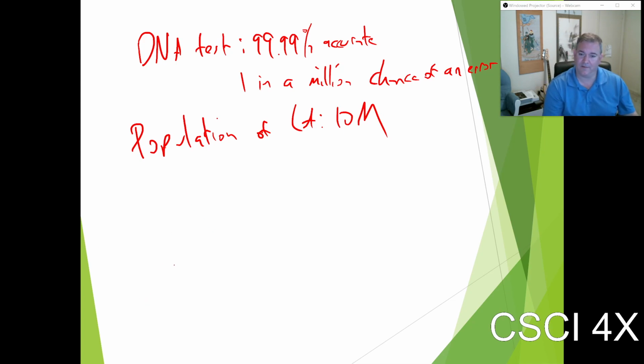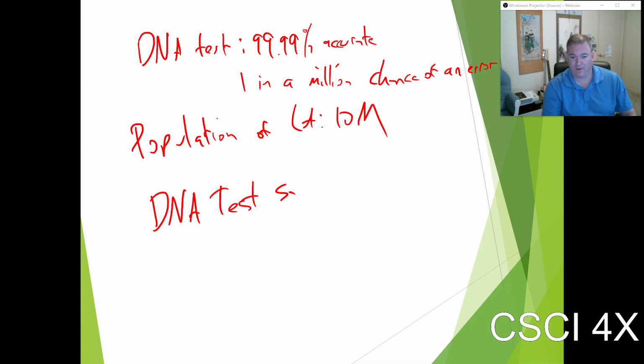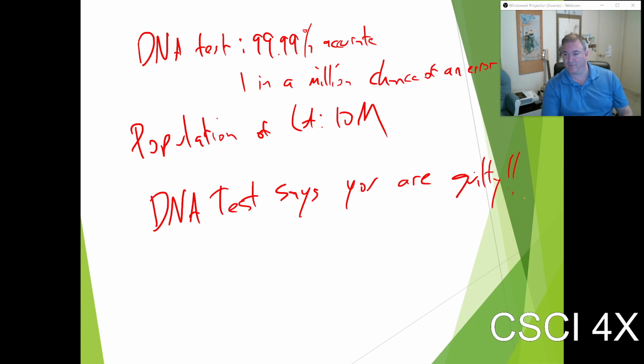Let's say that the database that the prosecutor's office has in LA has the DNA of every citizen in LA. And they arrest you, and they say, we're arresting you solely because the DNA test says you are guilty. That's the reason why they arrest you. They throw you in jail for the murder of somebody, and they present the evidence before the jury.